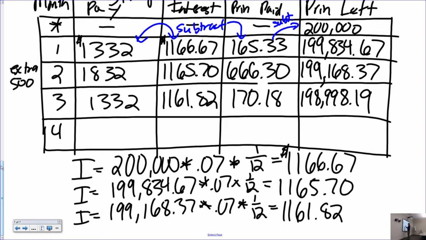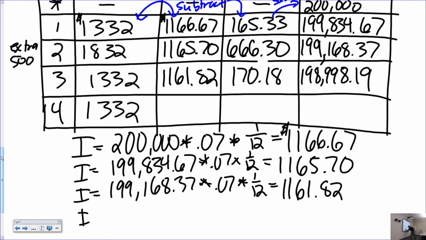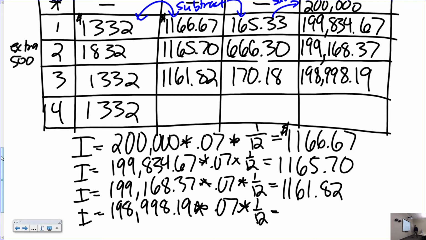Let's pay $1,332 again, just so that you get the pattern straight. $198,998.19 times 0.07 times 1/12. Back to a more regular number. $1,168.62. Oh, exactly $1. That's kind of cool.